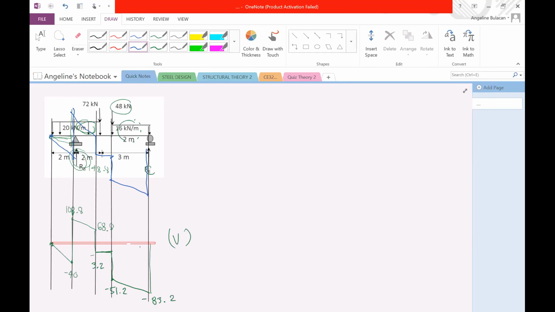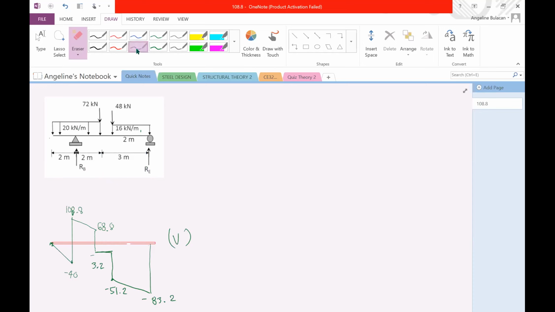So all you need to do is analyze the effect of the concentrated loads dun sa beam. So again, yung shear na to, representation to nung changes sa shear dun sa loob ng beam. Ulitin ko, ito yung drawing, no? Erase ulit natin to.